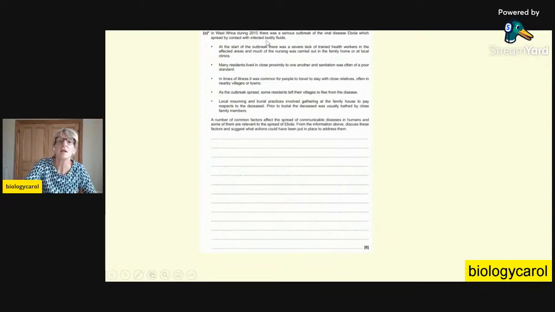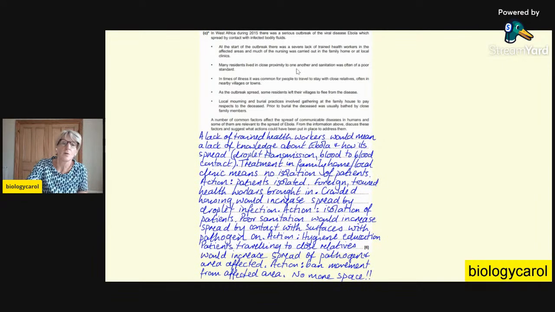We've been told infected bodily fluids. Now, that includes saliva, it includes droplet transmission, it includes blood-to-blood contact, it includes sexual contact. So here is my answer, which I've written in finer print because I realised I could have actually, look, you can see down here, I could have written more because I didn't get to address all of these points.